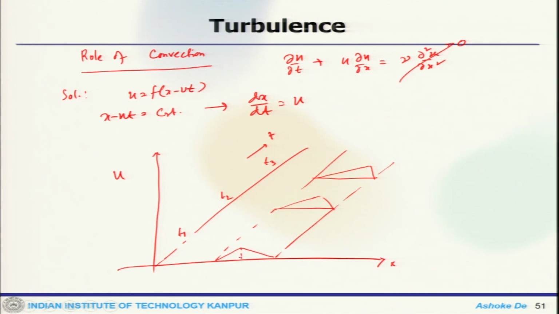So, essentially the role is that it steepens the velocity gradients. So, that is what the convection term does.